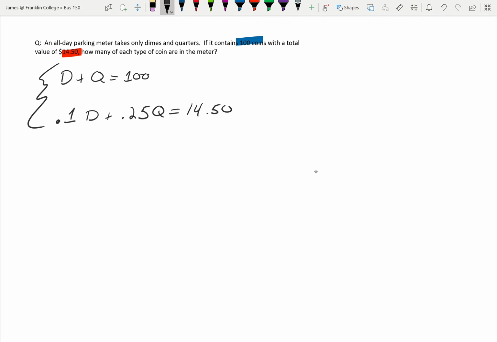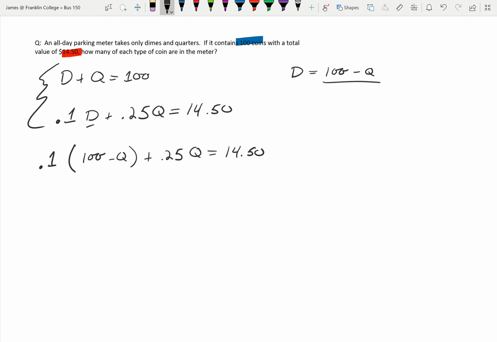So from this first equation, D plus Q equals 100, we know that D equals 100 minus Q. We can then take this 100 minus Q and plug it in for this D in the second equation. So 0.1 times 100 minus Q, because that's what D equals, plus 0.25 Q equals $14.50. So that looks like something that we've already done.